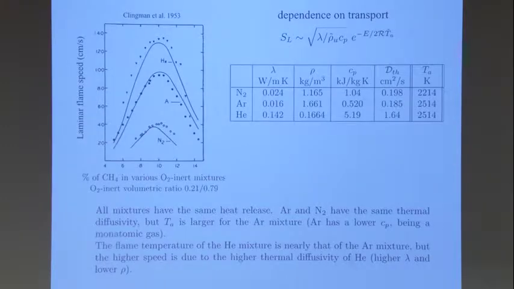Okay, the next example shows the result of a methane air flame, but where the dilution has changed. All mixtures have the same heat release, but they are diluted in argon, nitrogen, and what's the third one?